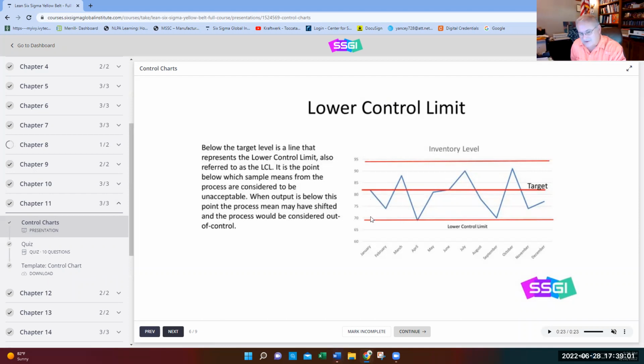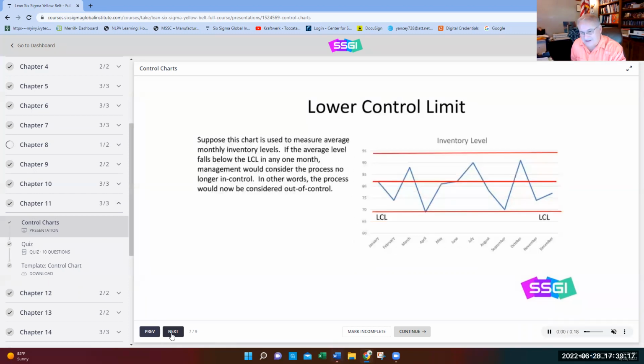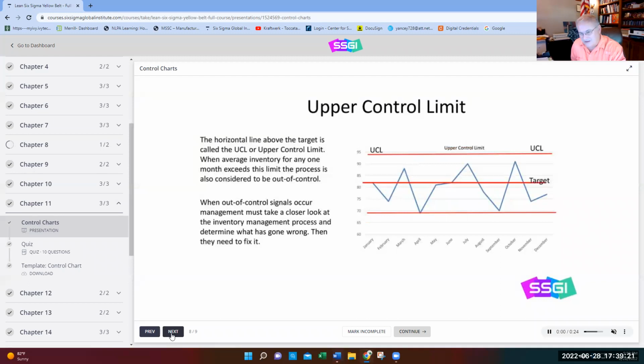So let's just say it was a 1/4 inch either way: 3 inches and a quarter, or 2 inches and 2.75 inches. As long as it falls somewhere in between there, that's good enough for that to still be used. And so we got the lower control limit and we got the upper control limit.